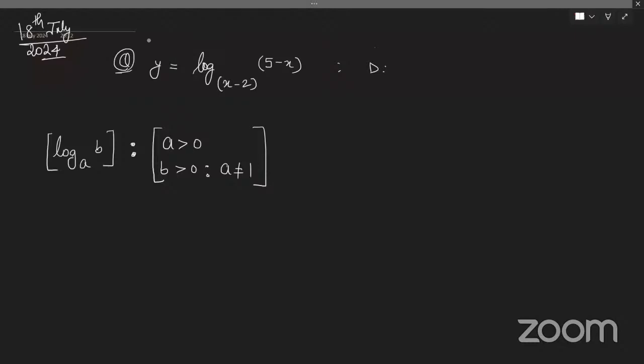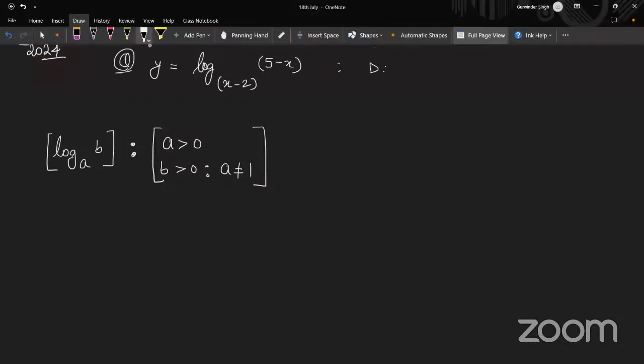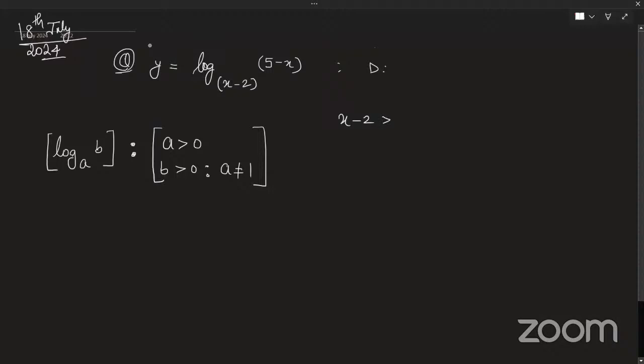So tell me what will be its domain. This x minus 2 has to be positive, so that means x has to be greater than 2. And 5 minus x has to be greater than 0, so x has to be less than 5.